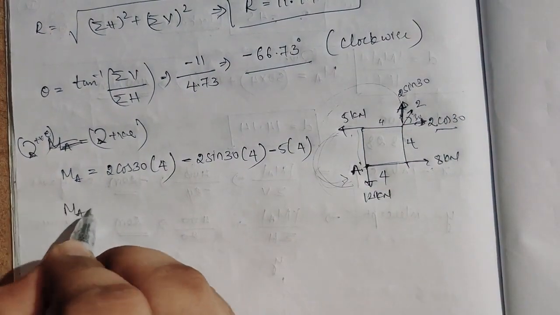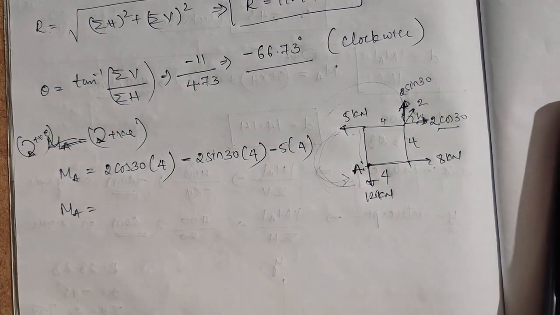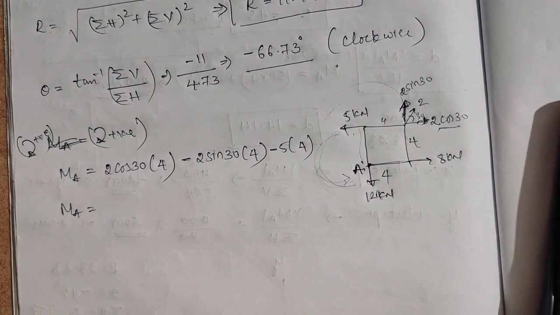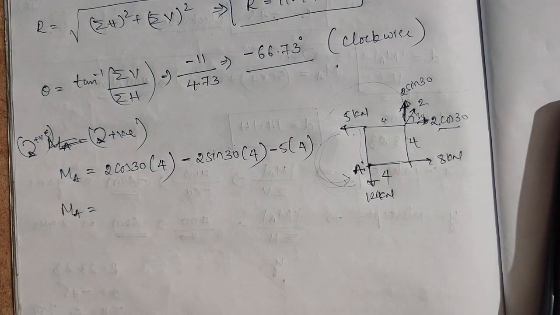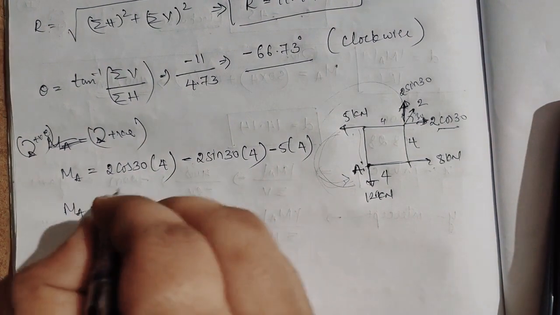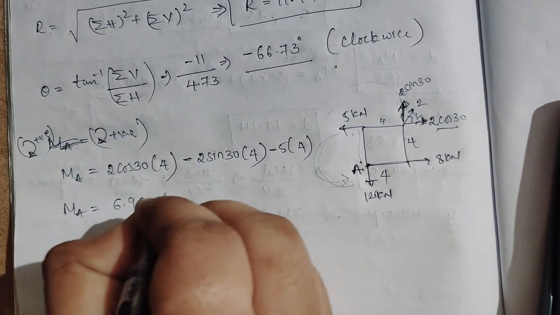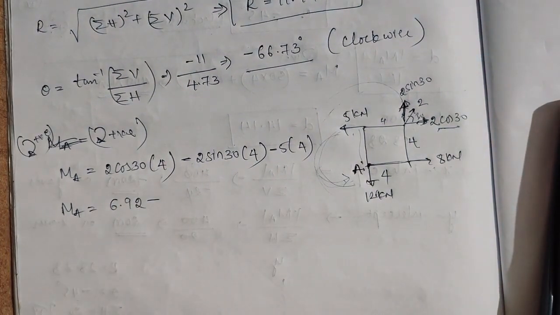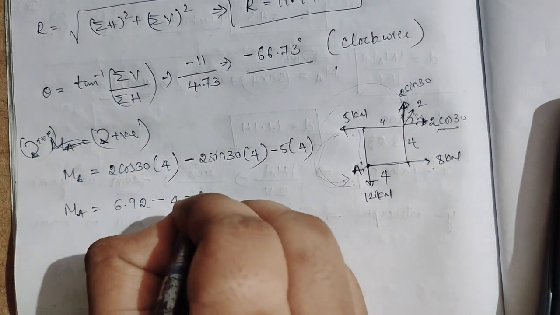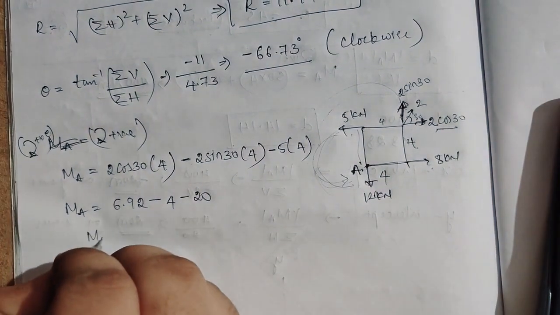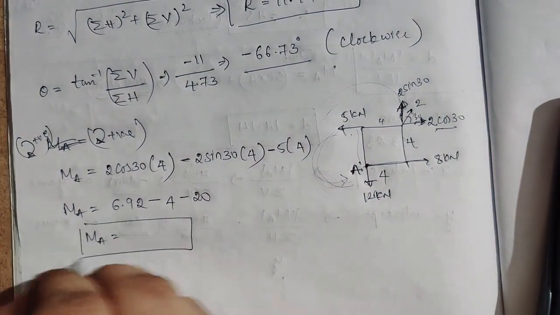So moment about A is 2 cos 30 degree into 4, which is 6.92, minus 2 sin 30 into 4, minus 20.